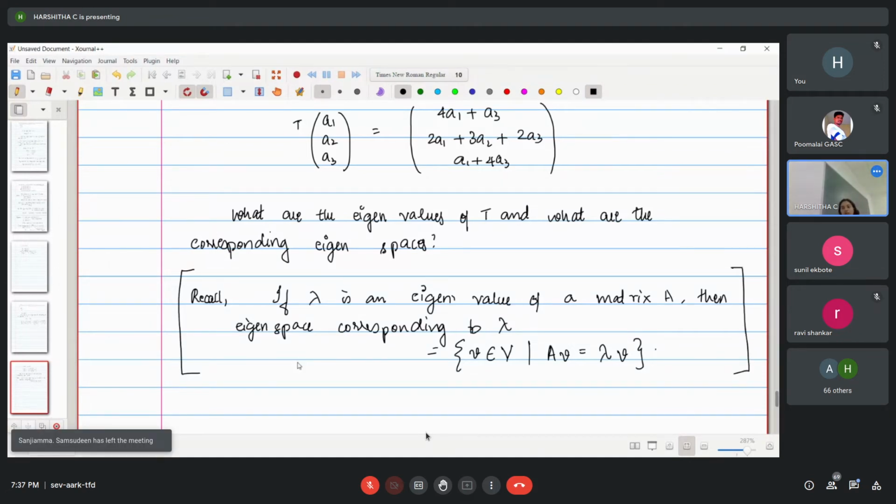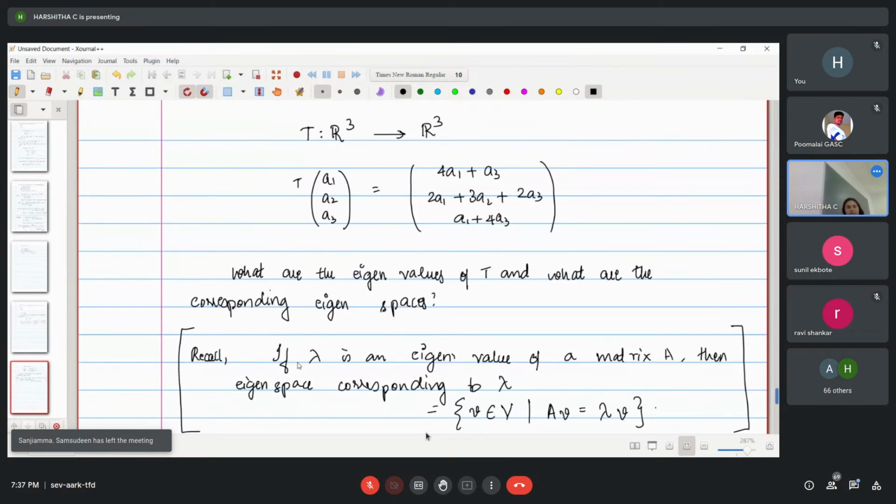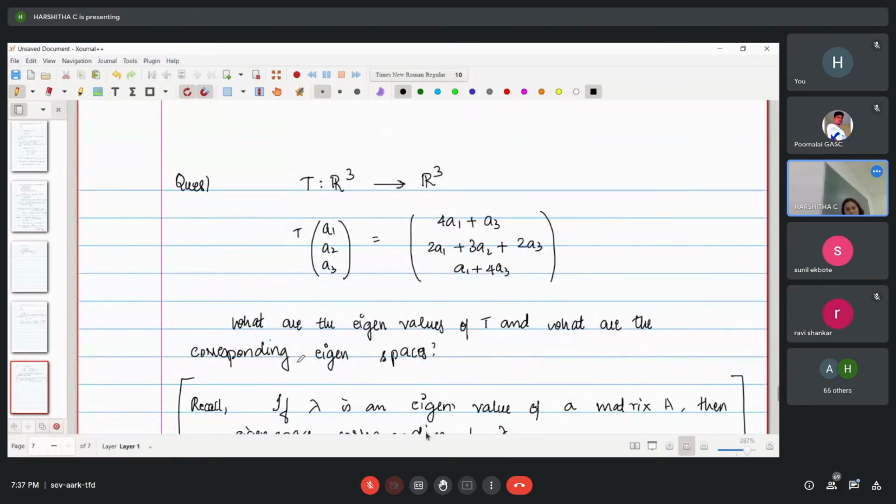So what is this question asking you to do? You know how to compute eigenvalues and eigenvectors of a matrix. You have a transformation, so you take a basis, write the matrix of this transformation with respect to that basis, then compute the eigenvalues and eigenvectors of that matrix.